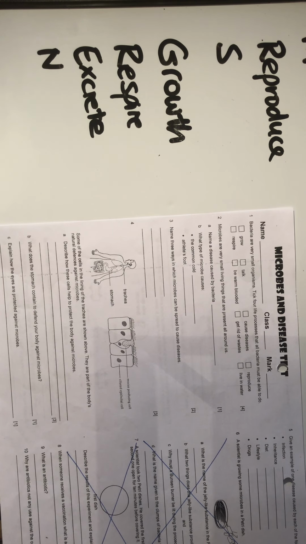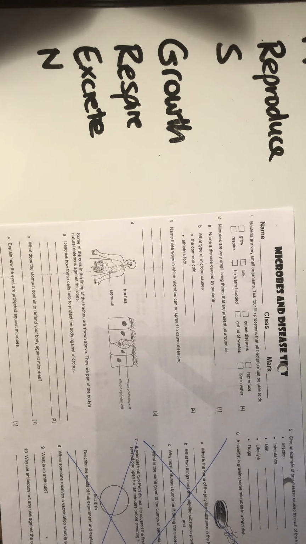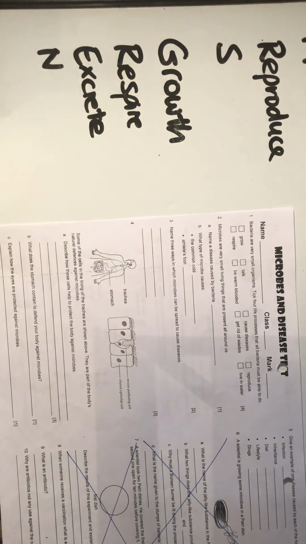3 ways in which microbes can be spread to cause diseases. So we had a lot of people obviously thinking about the coronavirus and talking about coughing and sneezing. Well, coughing and sneezing, the virus has been spread in droplets in the air. So you weren't going to get 2 marks for saying coughing and sneezing because that's essentially using the same idea of droplets being spread.